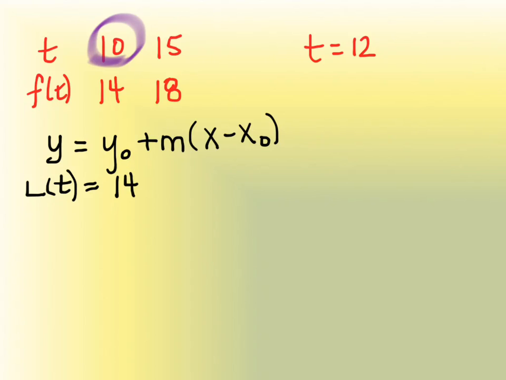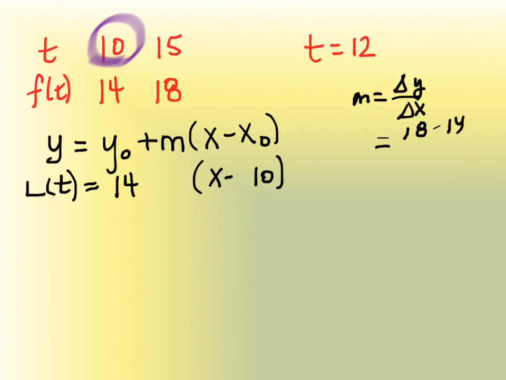The t, or the x value, the value we're looking at is 10. And what we need to find is the slope. So we'll do the slope between these 2 points, change in y over change in x. So we're looking at 18 minus 14 over 15 minus 10. So this ends up being 4 over 5.